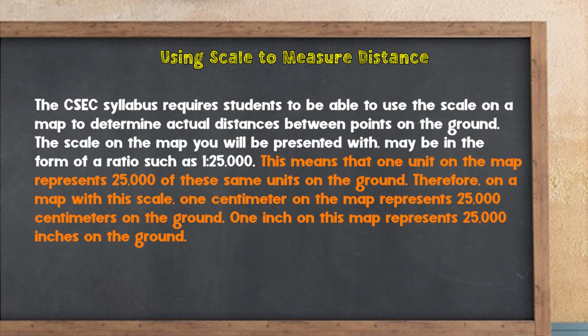This means that 1 unit on the map represents 25,000 of these same units on the ground. Therefore, on a map with this scale, 1 centimeter on the map represents 25,000 centimeters on the ground. 1 inch on this map represents 25,000 inches on the ground.